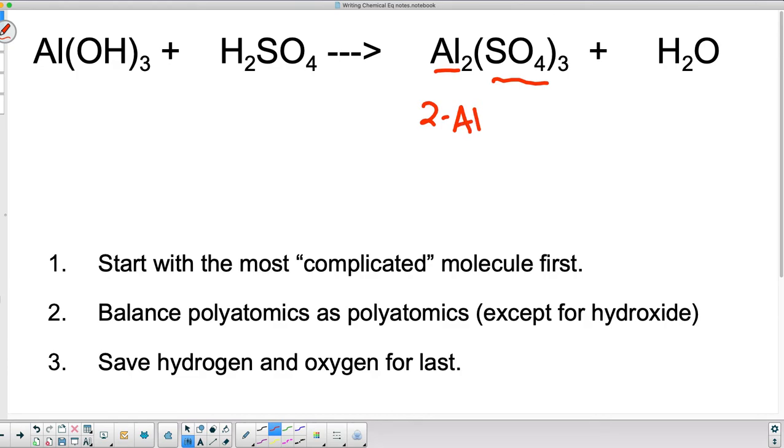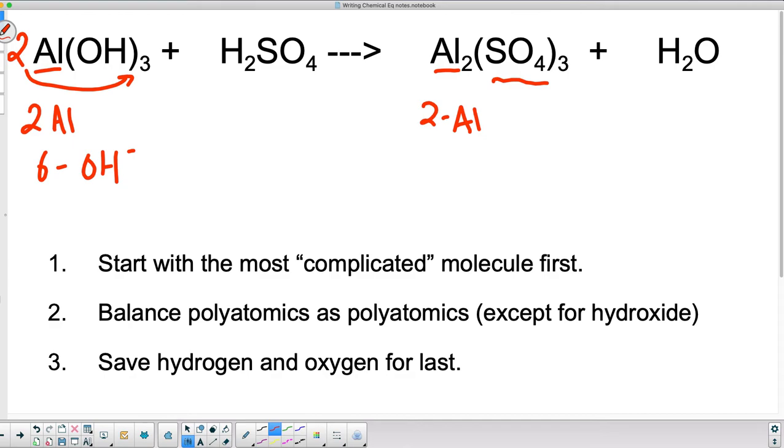How do I get 2 aluminum on the left-hand side, where I have aluminum in a compound? I would probably put a 2 in front there, so now that I have 2 aluminum, that also gives me 2 times 3, which is 6 hydroxide. Okay, so 2 aluminum, 6 hydroxide.